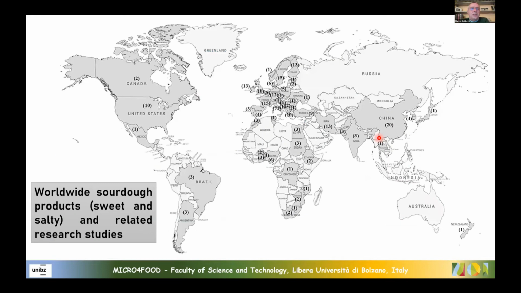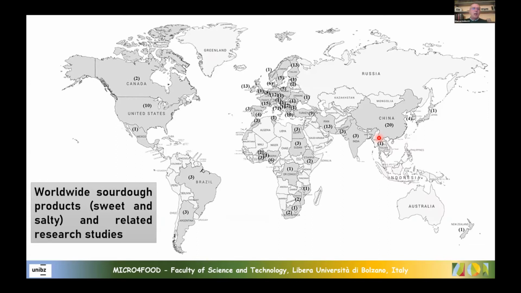If you have a look at sourdough, you can understand that it has been studied and used on all 5 continents, with a lot of studies, as I told you, about 1,500 from all continents and so many countries.